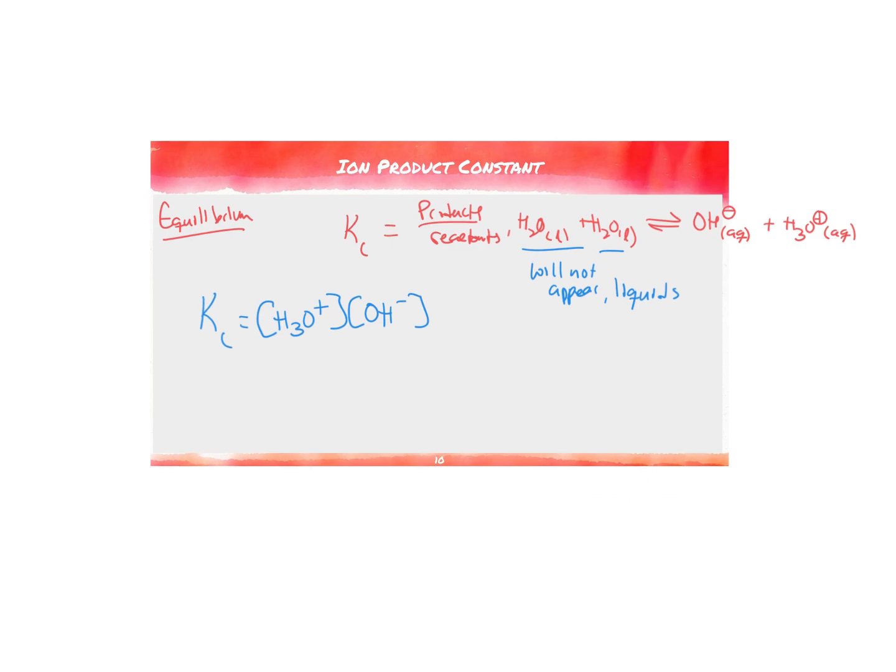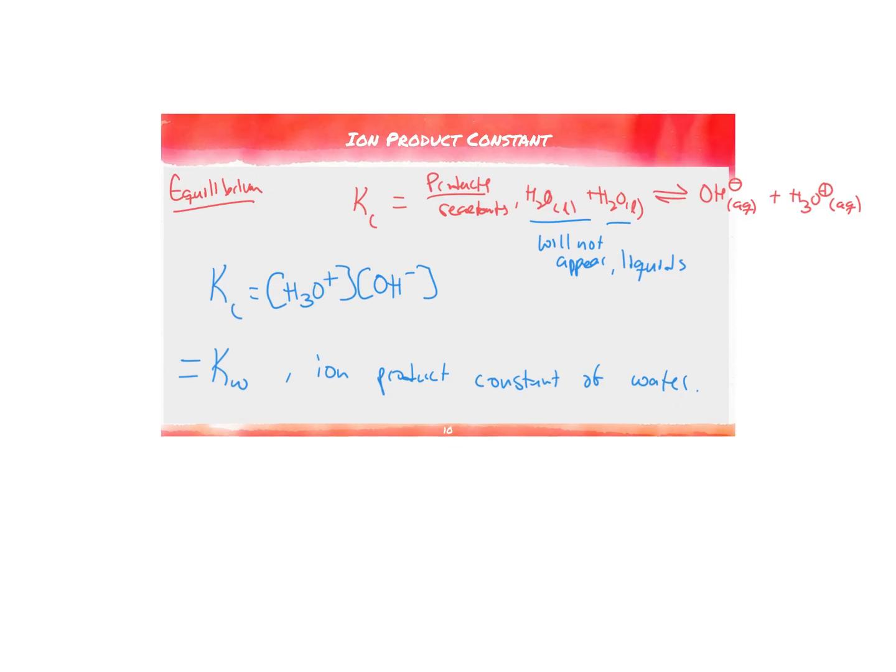This is actually a special K. We call this Kw, which is the ion product constant of water. We actually know this number, and it's a number that I want you all to remember because we're going to use it quite a bit.